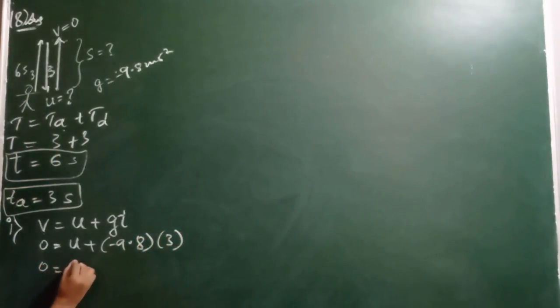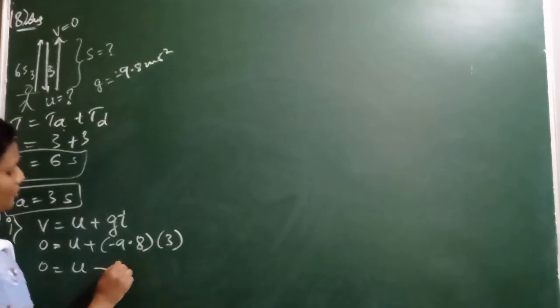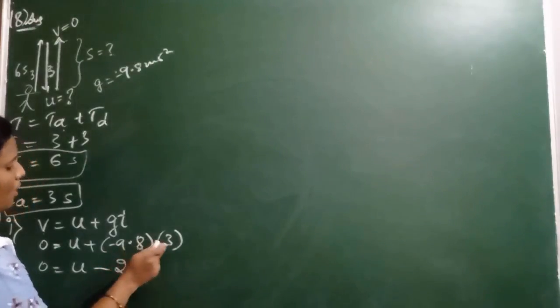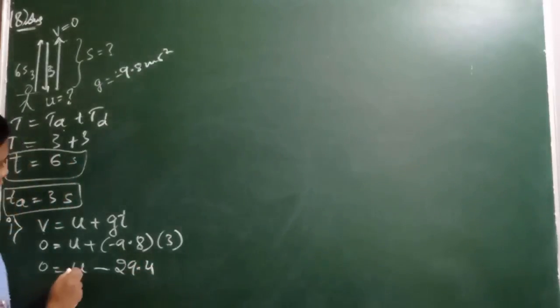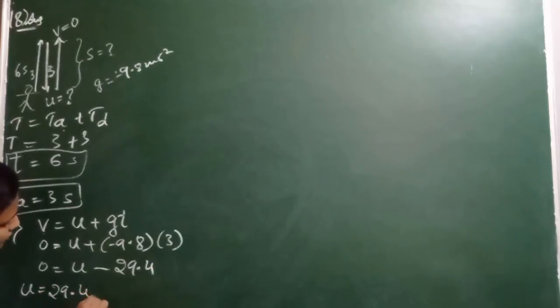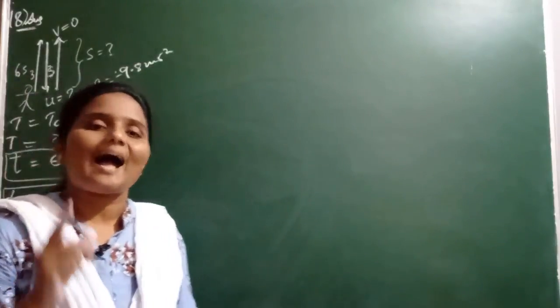So 3 into 9.8 is 29.4. So what is the u value, children? 29.4 meter per second. With this velocity the ball is moving up.